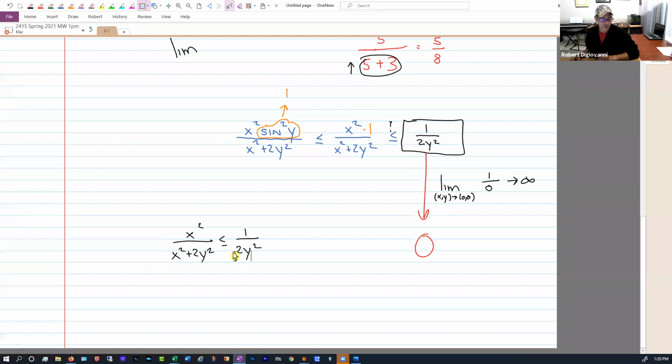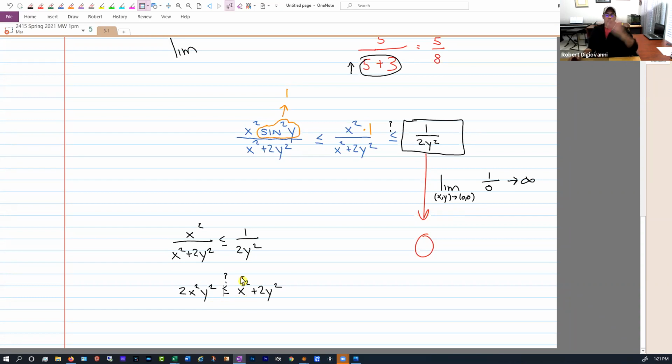What I would have to do to show this is true is almost like a cross multiply, with x squared plus 2y squared, like that. And if you look at this, this is kind of inconclusive. There's not an easy way to show that this inequality is a true statement, right?